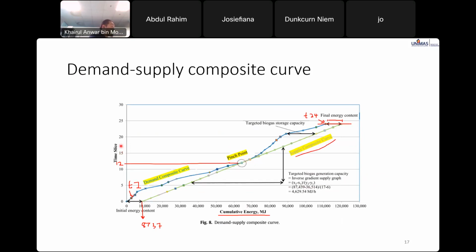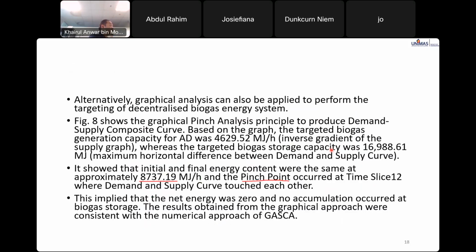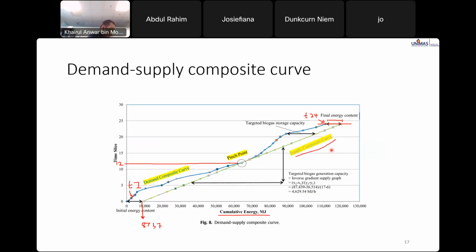Because this is a time-based pinch analysis, the y-axis is time. Whereas the targeted biogas storage capacity was 16,988.